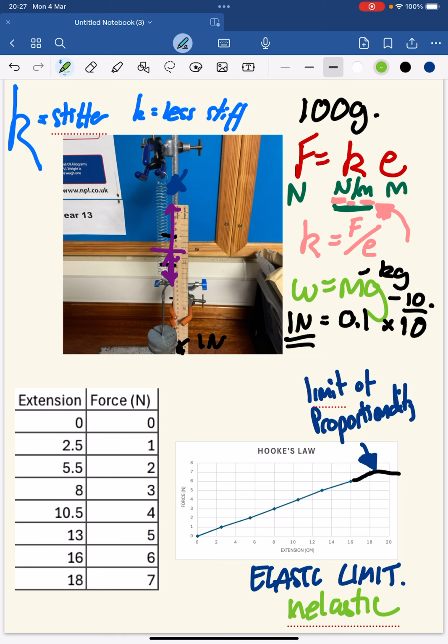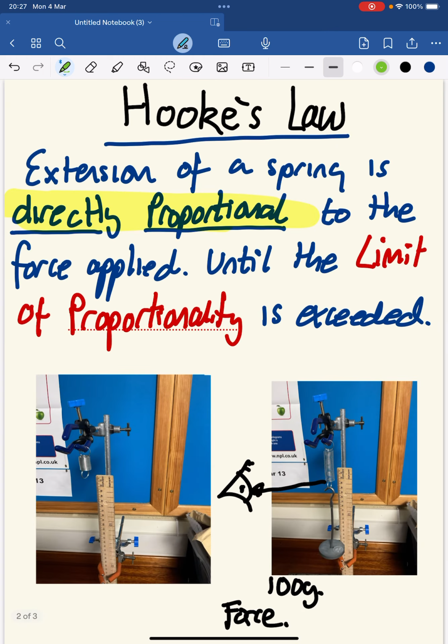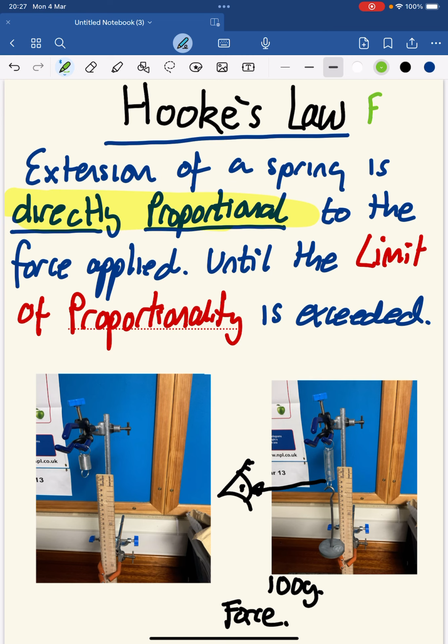So Hooke's law, you might be asked to analyse some secondary data. So at what force does it reach the limit of proportionality? It might be you've got to use this data in the graph to work out K. So Hooke's law, remember, force equals K E. Remember, it's a required practical, and hopefully this video would help you explain what Hooke's law is.